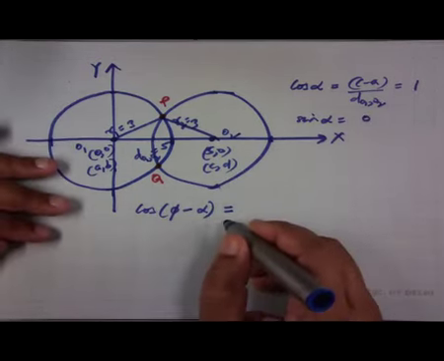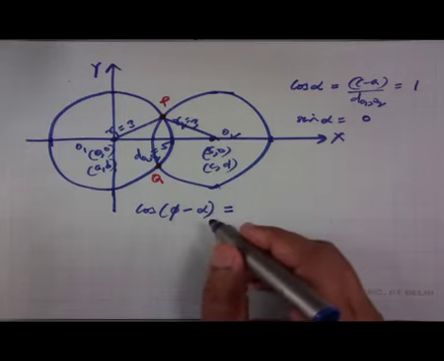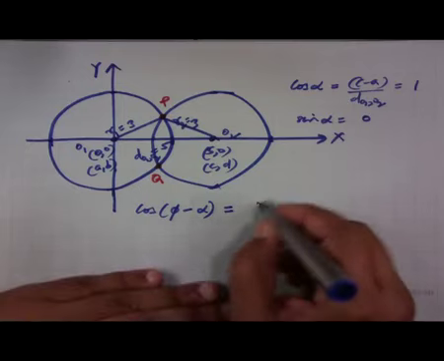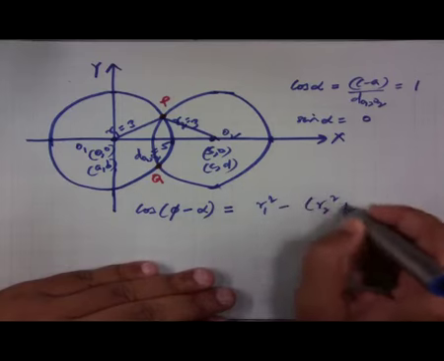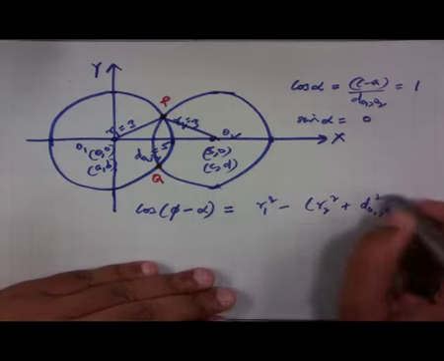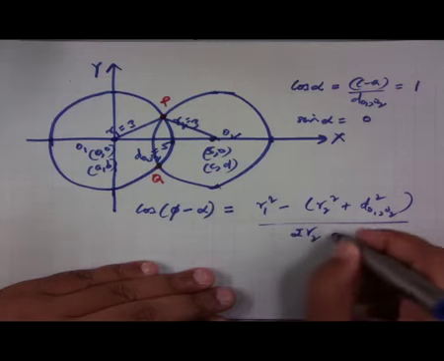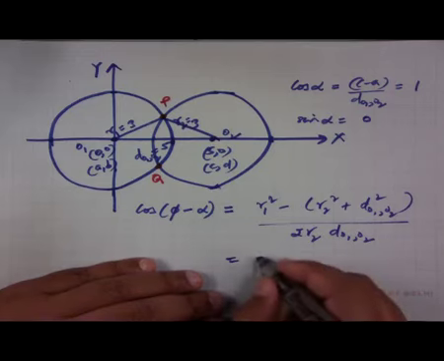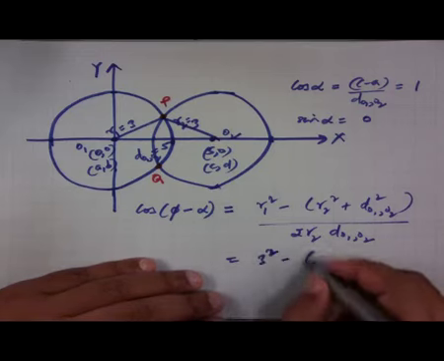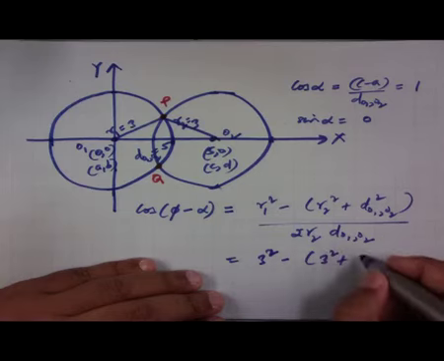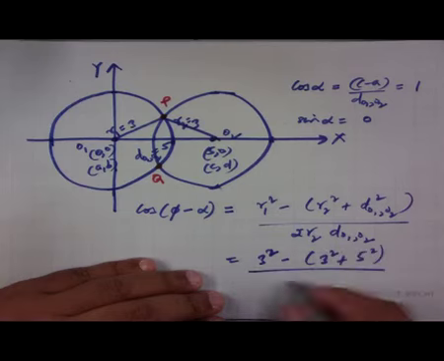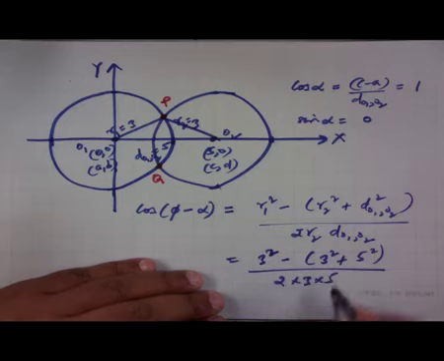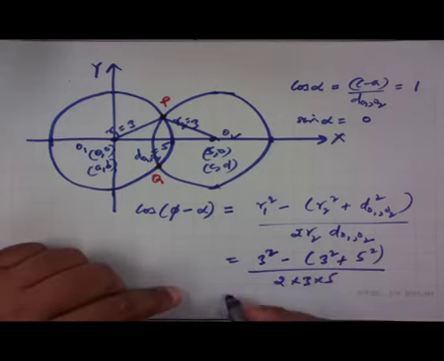And cos of phi minus alpha was, we had the equation that it is equal to r1 square minus r2 square plus d O1O2 square by 2 r2 d O1O2. So, this will be equal to 3 square, which is 9, minus 3 square plus 5 square by 2 into 3 into 5, which will come out to be equal to minus 5 by 6.